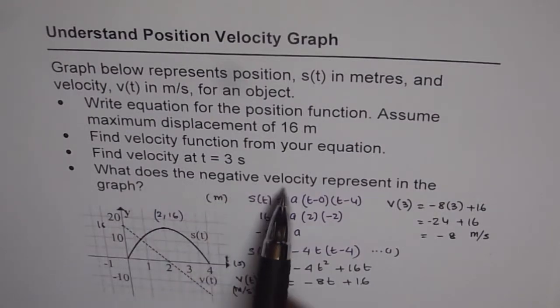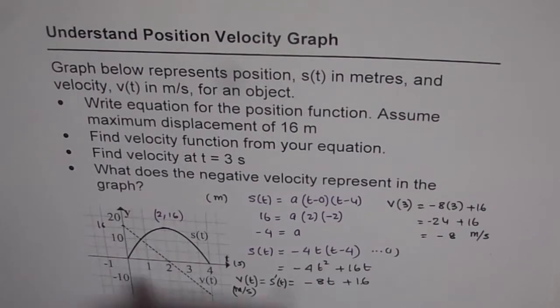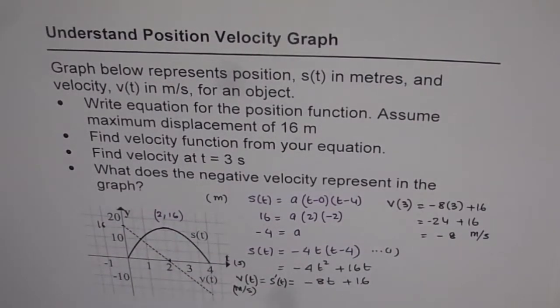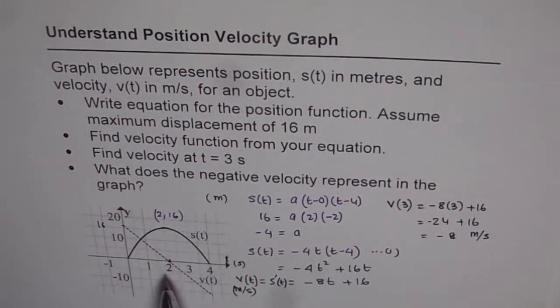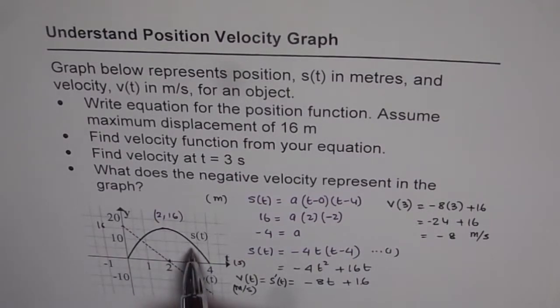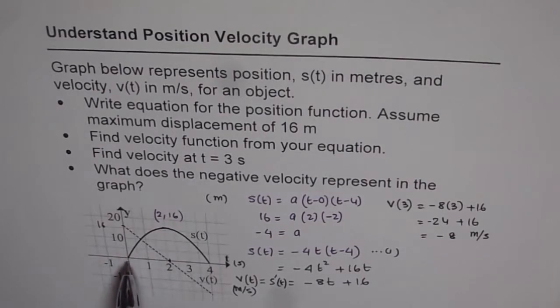What does the negative velocity represent in the graph? Now that's an open kind of a question. Negative velocity means what? Negative velocity means negative slope on displacement. So I will say when the velocity is negative, then the object is going in the negative direction. So if I'm saying that going away in this case was positive, then coming towards is negative.